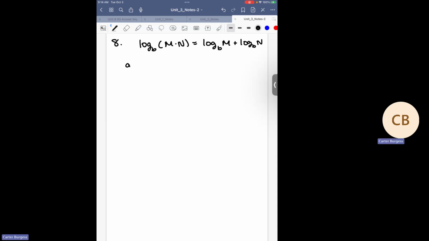All right, so looking at A here, we have log of 6. How can I reformat this as a product? Well, this is going to be the same as log of 2 times 3, which is the same as log of 2 plus log of 3.